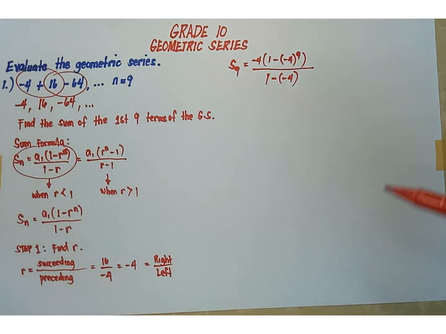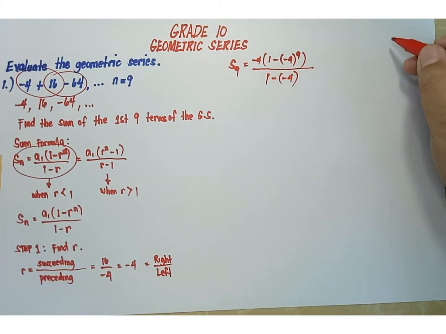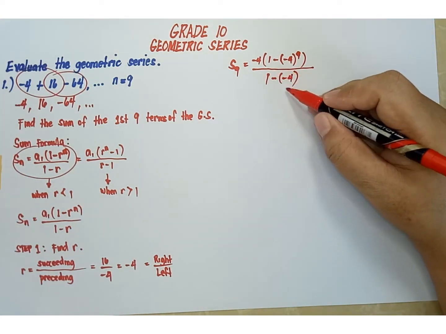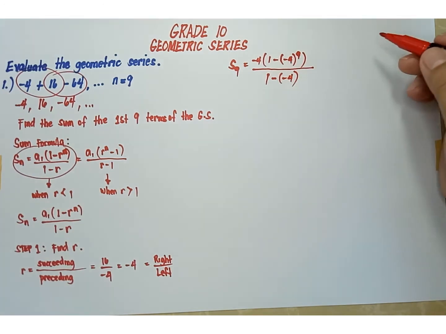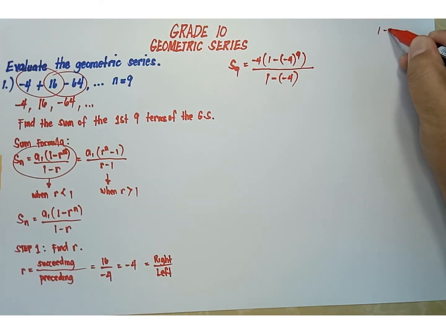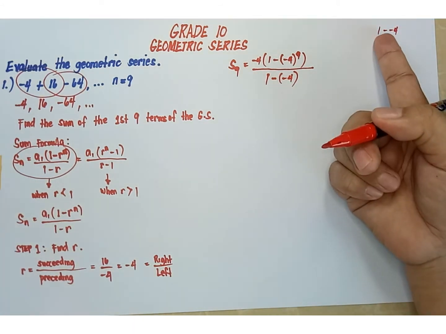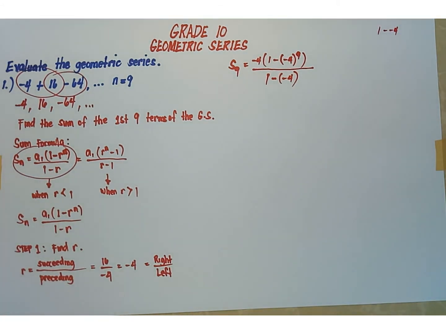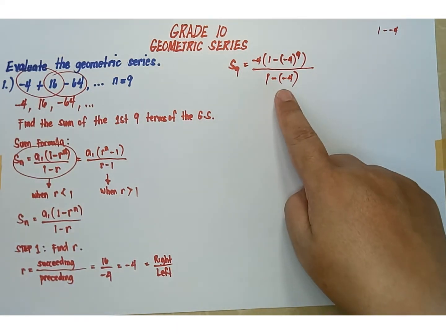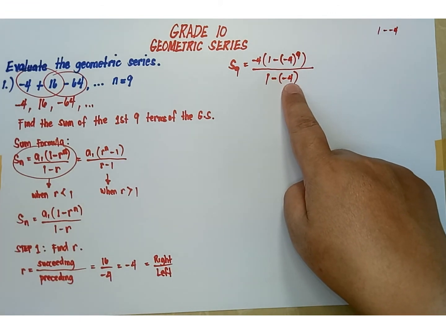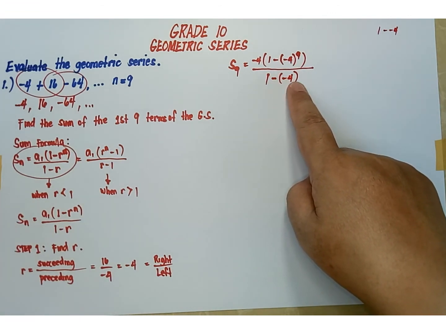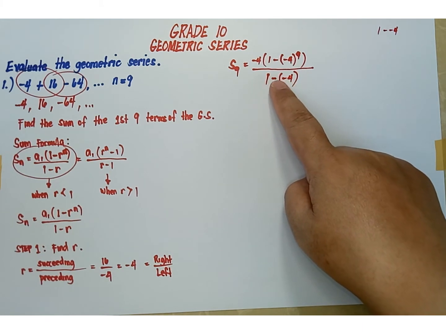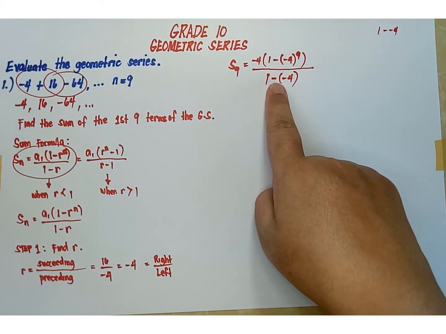Kasi confusing kung isusulat mo na kunwari dito sa baba, instead of enclosing your negative number, isusulat mo na basta magkatabi lang na ganyan, 1 minus negative 4, pwedeng mag-cause yan ng confusion. So, ang usual practice is to enclose the negative number or term with parenthesis kapag nagkakatabi sila ng operation sign.